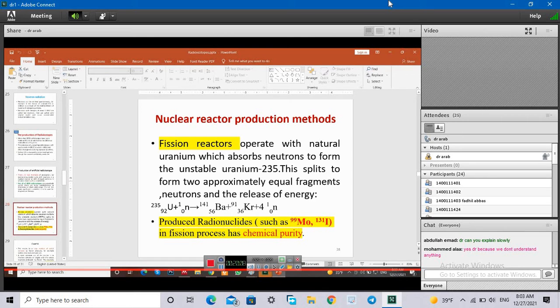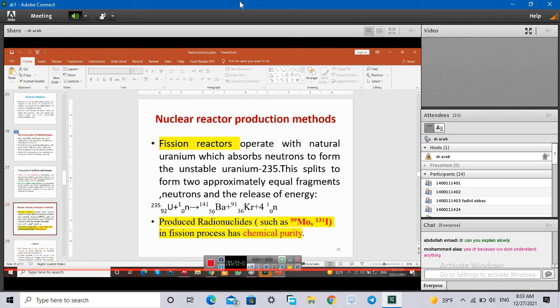Generally, for production of artificial radionuclides, we should bombard the stable nucleus with a charged or uncharged particle. In a reactor, it is very important, try to memorize it, we use uncharged particles to bombard the stable nucleus.